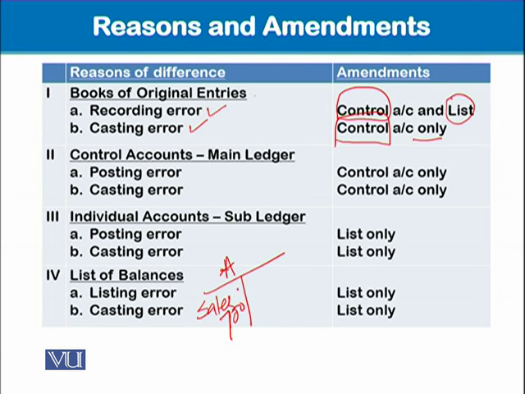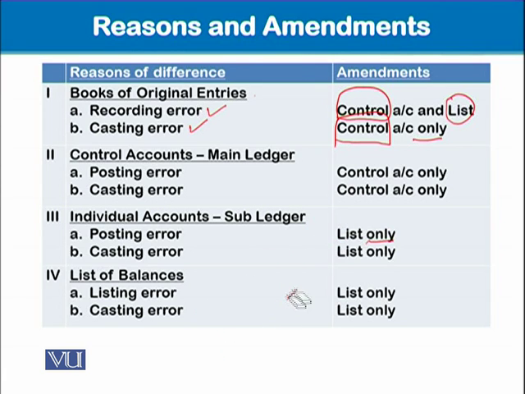So, by doing this wrong posting, its carry forward balance over here is wrong, which was taken to the list. Therefore, any posting error in the individual account maintained in the subsidiary ledger will affect the list only. Okay, great.